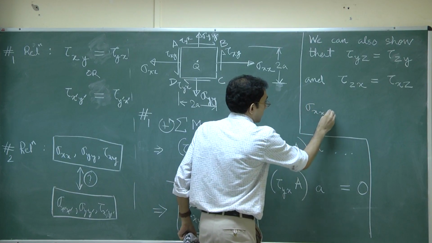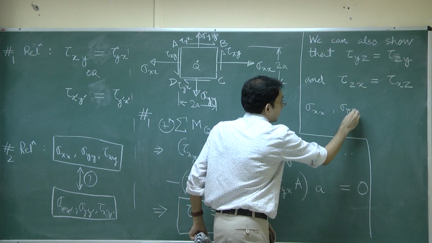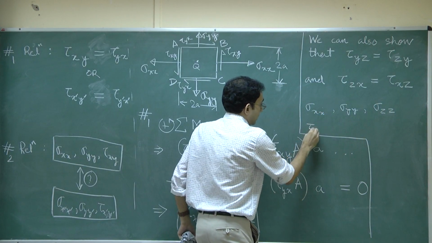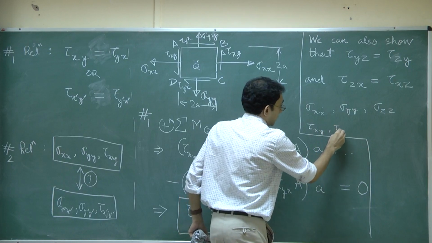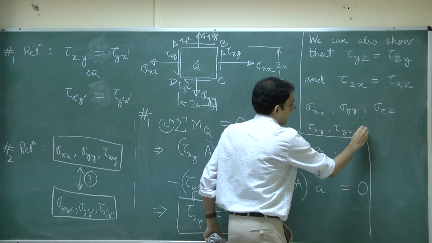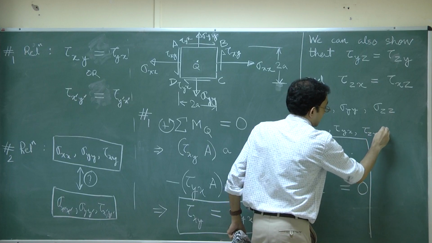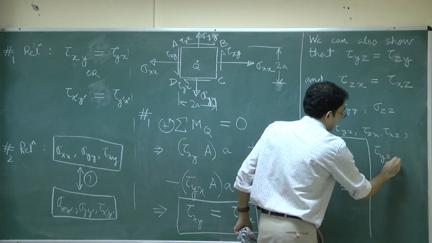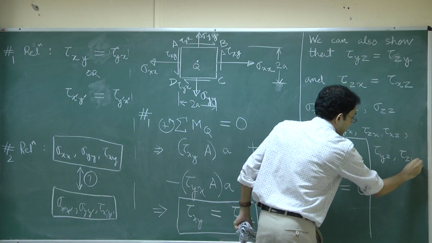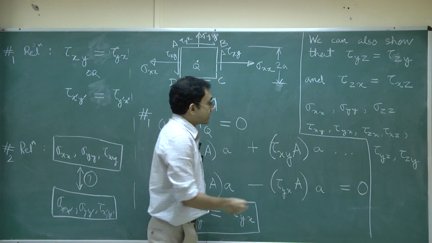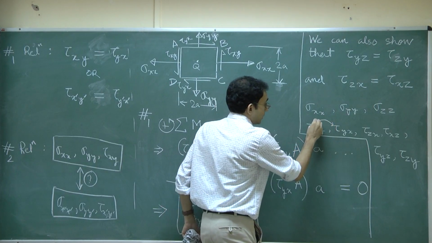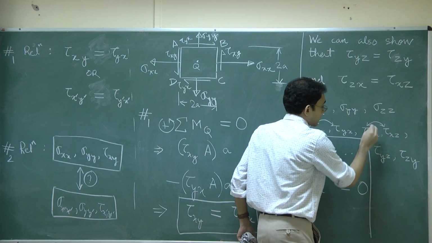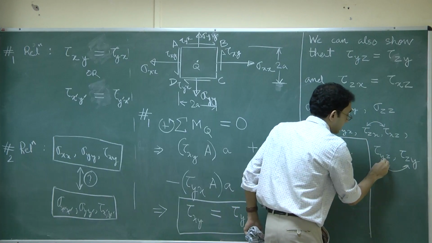So, sigma xx, sigma yy, sigma zz, tau xy, tau yx, tau zx, tau xz, tau yz, tau zy. We understand that these two are the same things. These two are the same things, and these two are the same things.